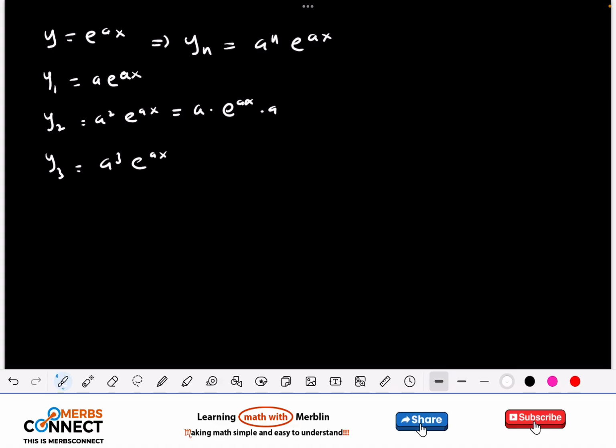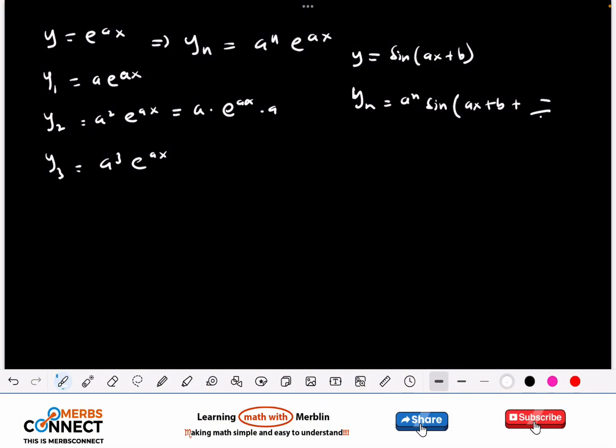The other time I showed you how to differentiate a sine function, right? So a function like sine of ax plus b, when I want to find its n-th derivative, this is going to be a to the power n sine of ax plus b plus n pi over 2.